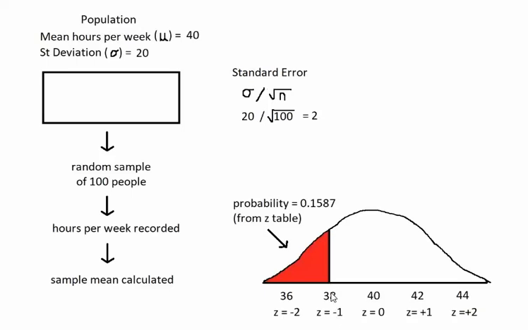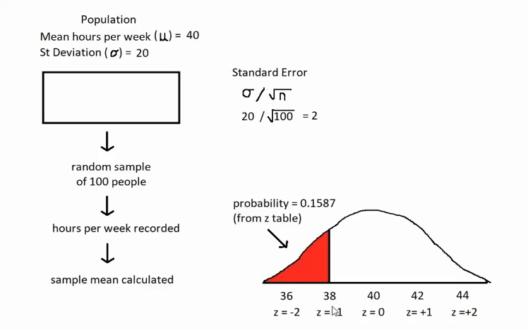And if we go down one more standard error, it's -2. If we start at 40 and go up a standard error, it's plus 1. And if we go up another standard error, it's plus 2. Remember I said that the z-score is the number of standard errors. So the number that we're interested in, which is 38, has a z-score of -1.